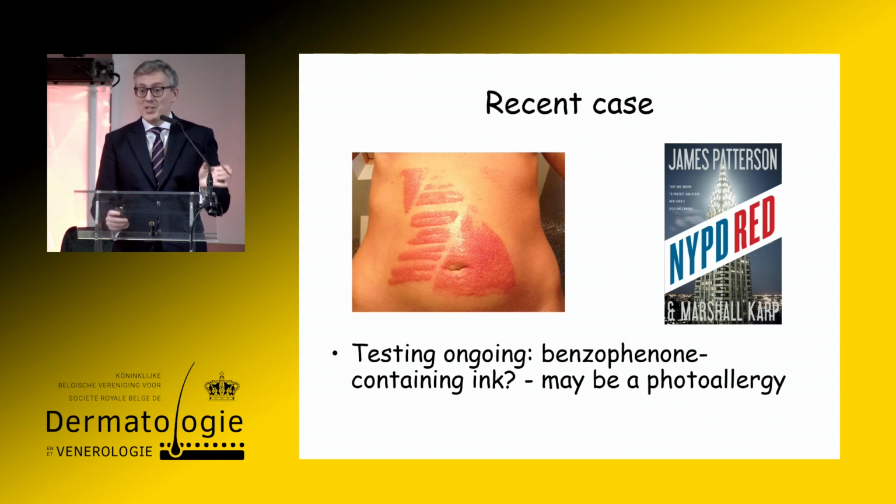I mean, it's just astounding. So I presume this is probably a benzophenone containing ink. It may be something that's reacted with the sunscreen she was wearing, and of course she was sweating and it was hot and so forth. So it's probably a photoallergy, but we're awaiting testing. But it's a really amazing case.